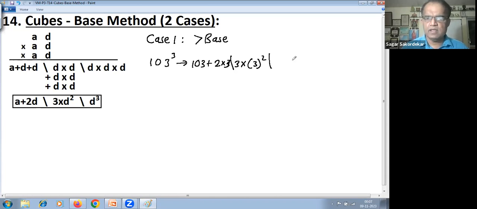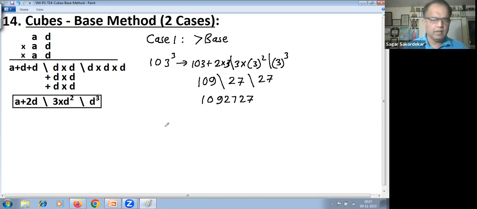And then last part d cube. Difference is 3. 3 cube. So 103 plus 2 into 3 is 6. So 109. This is 3 square is 9. 3 into 9 is 27. And here 3 cube is 27. Base is 100. Base method always you should check. Here there should be 2 digits, here 2 digits. So it's coming correct. So just join. So answer is 1092727.